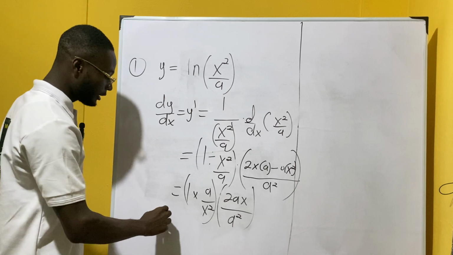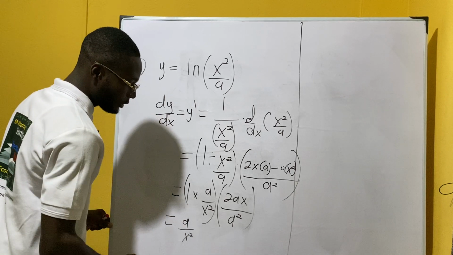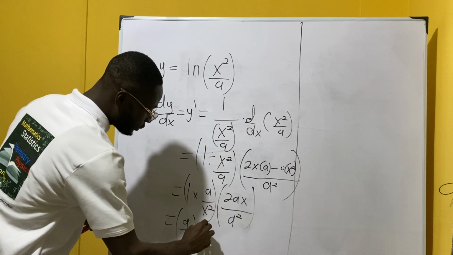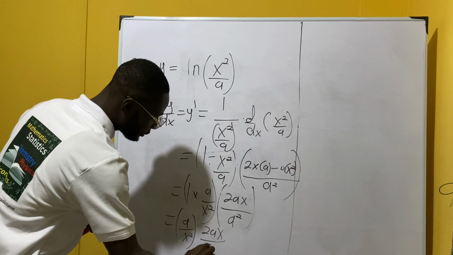So we have a over s squared, and then we have 2ax all over a squared.